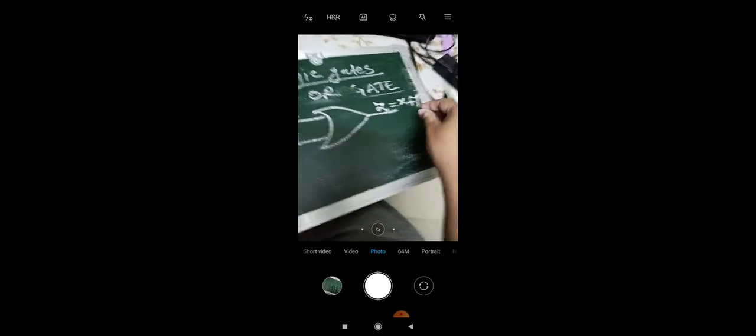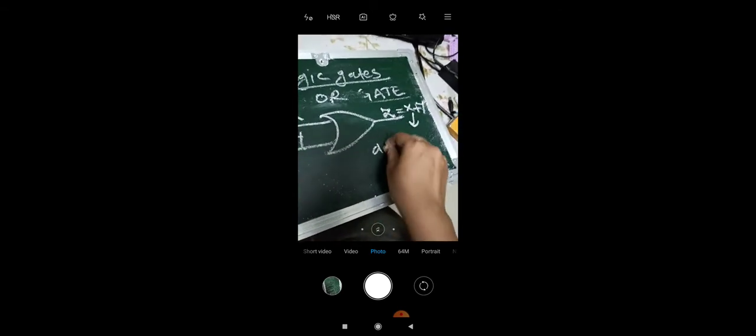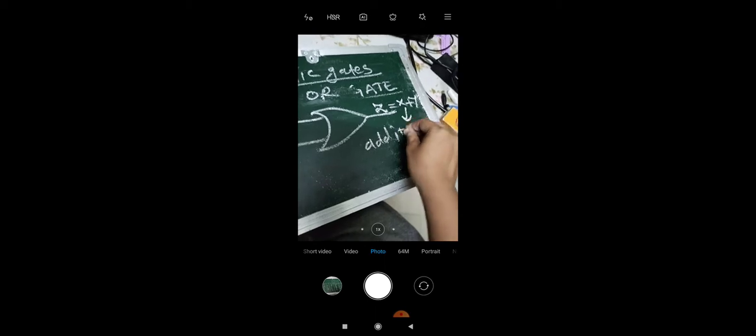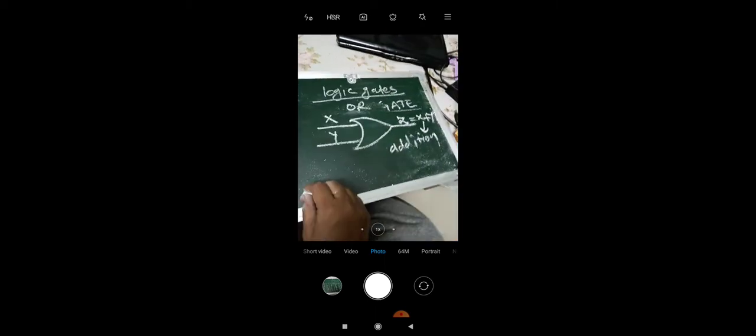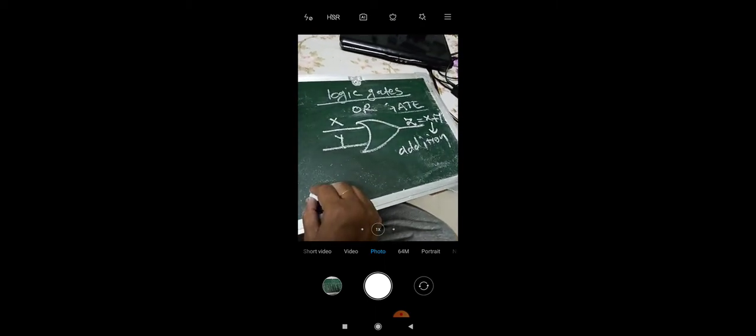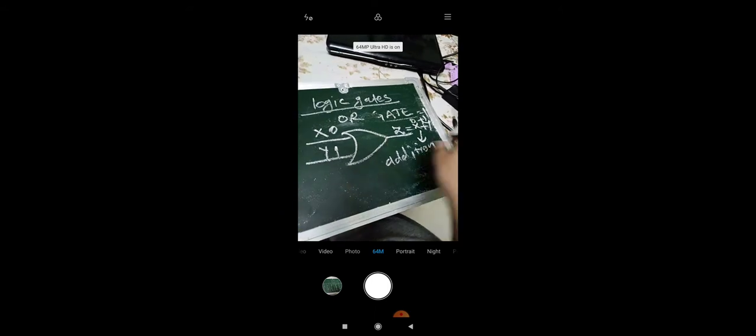Z equal to x plus y in case of the OR gate, so this is for the addition. Hope you understand, everyone. Suppose we pass 0 1, x is 0, y is 1. So z equal to 0 plus 1 equal to 1. This is for the OR gate.